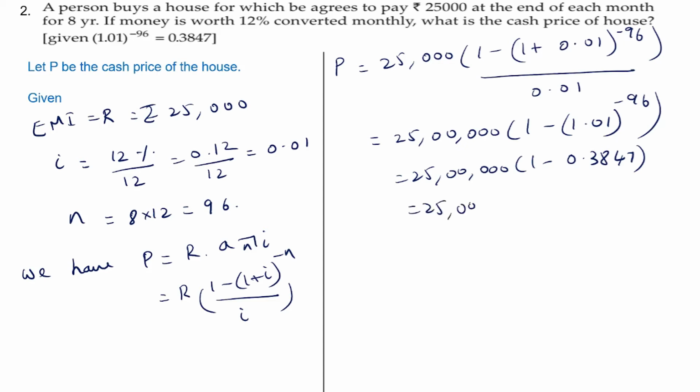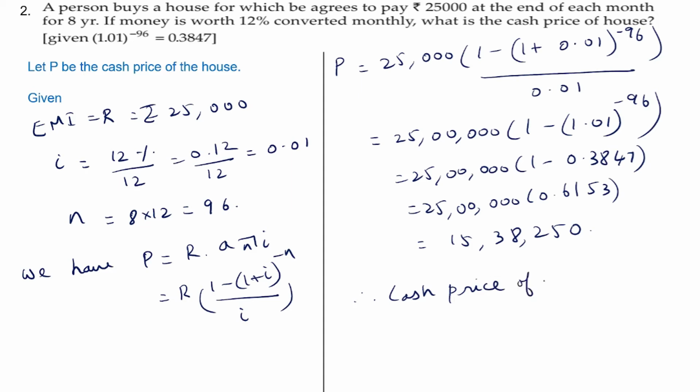So it is 25 lakhs into 0.6153. Now this when we multiply, we get it as 15,38,250. Therefore, cash price of house is equal to rupees 15,38,250. So this is the cash price of the house.